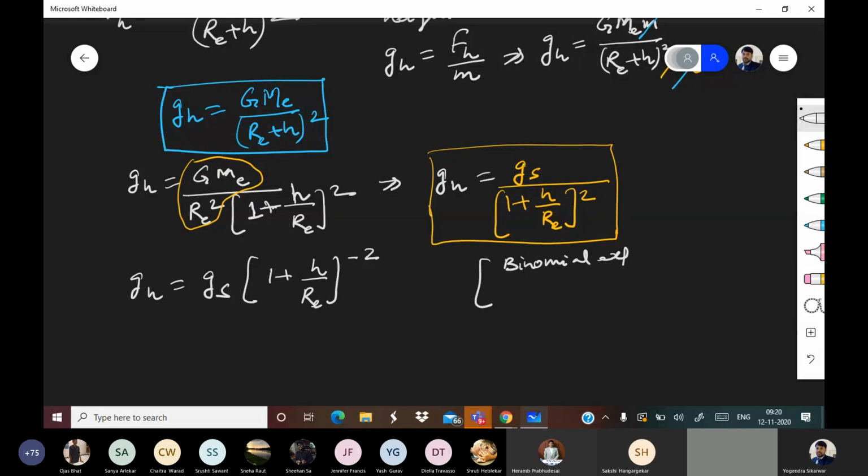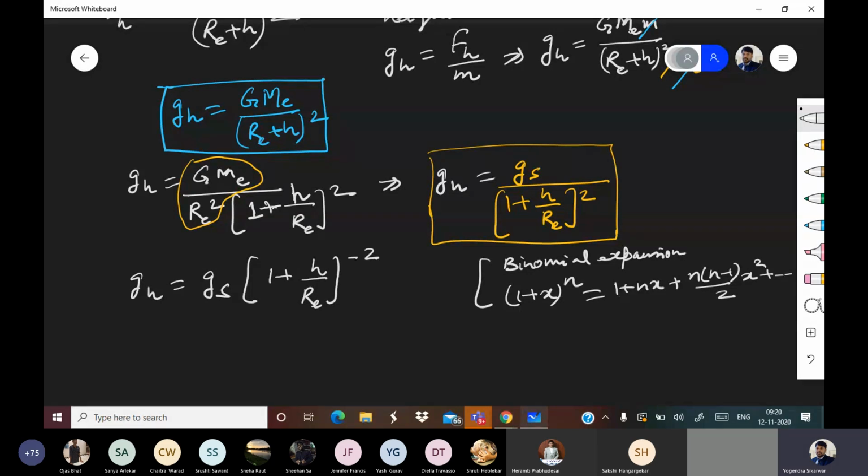That binomial expansion will be (1 plus x) to the power n. Remember how it is used. (1 plus x) to the power n will be 1 plus nx plus n into (n minus 1) upon factorial 2 into x square and so on.